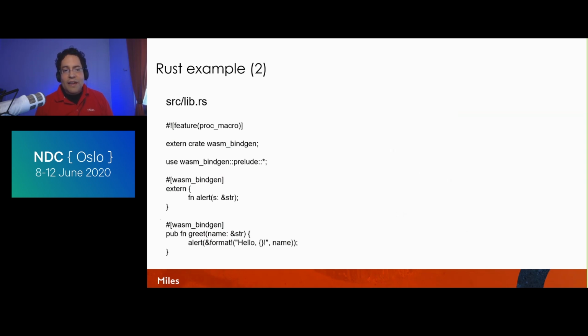Then we can define our function, which is a public function that the calling application will be able to use. We name our function greet, and it has a string input parameter. Then we just use the standard alert function in order to print this out on the screen.